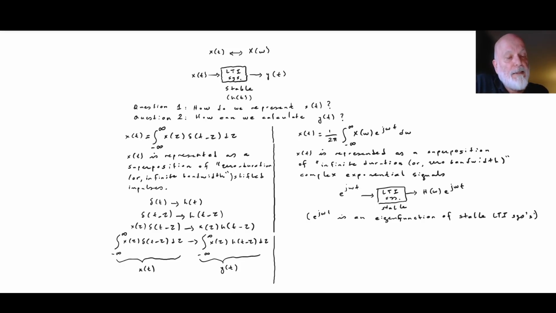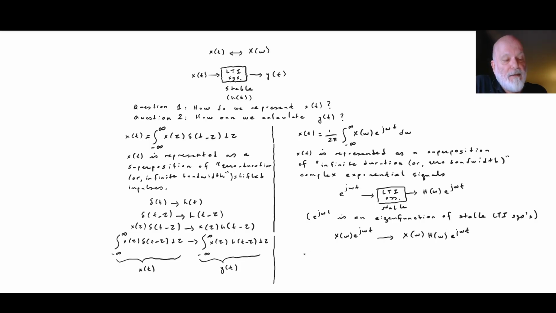Again, by linearity, if e to j omega t gives us h of omega e to j omega t, then if we use the weight x of omega e to j omega t, the system action will yield, by linearity, x of omega h of omega e to j omega t.